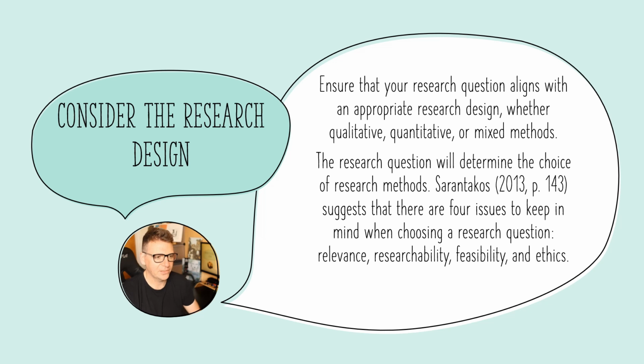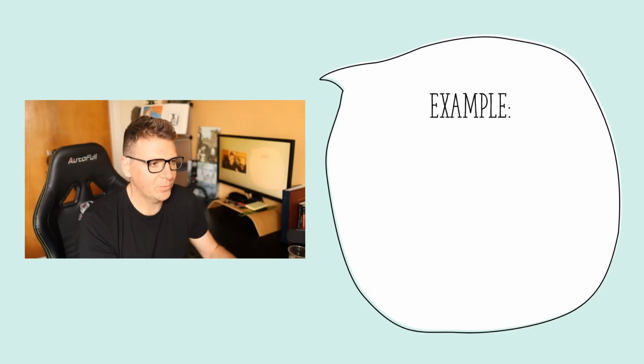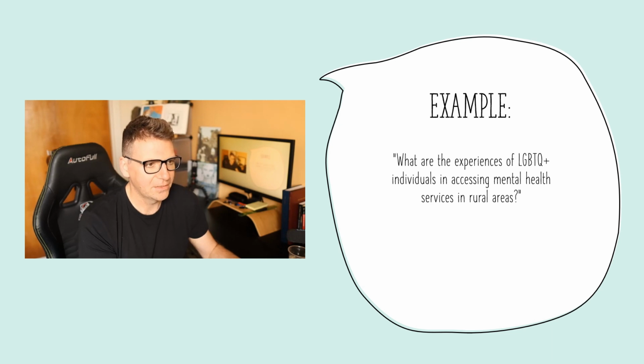And our good friend here, Saran Takos, 2013, suggests there are 4 issues to keep in mind when choosing a research question: relevance, researchability, feasibility, and ethics, okay? And as always, an example is key. What are the experiences of LGBTQ individuals in accessing mental health services in rural areas?